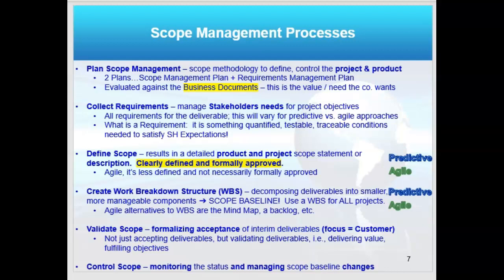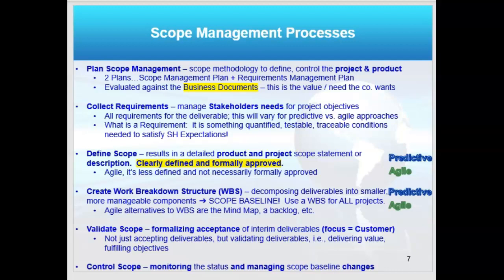So if you remember, I said for building that Golden Gate Bridge, the charter developed from the business documents talked about, still at a high level, building 4 lanes each side, a bike lane, a pedestrian lane, etc. And the requirements are going to be pulled from the business documents, from the charter in this planning process.